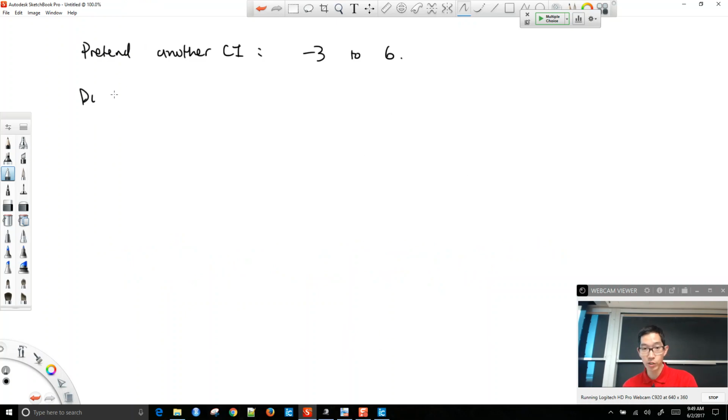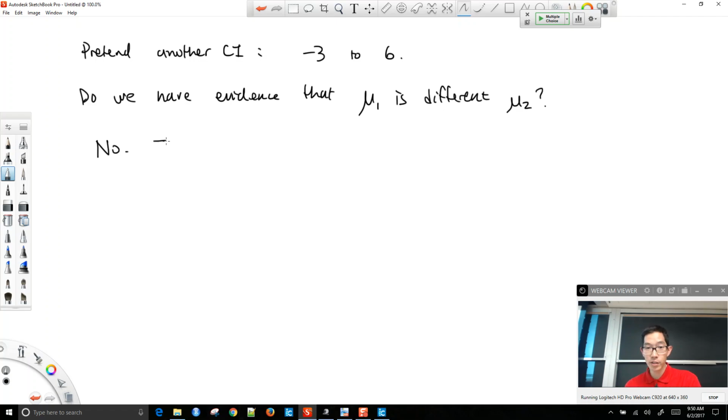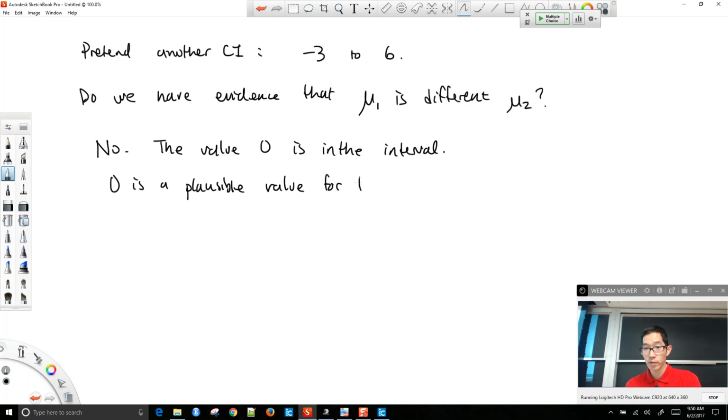Do we have evidence that mu1 is different from mu2, whatever mu1 and mu2 represent? The answer here is no. The value 0 is in the interval, okay? And so that means 0 is a plausible value for the quantity mu1 minus mu2. And thus, we do not have evidence that there is a difference.